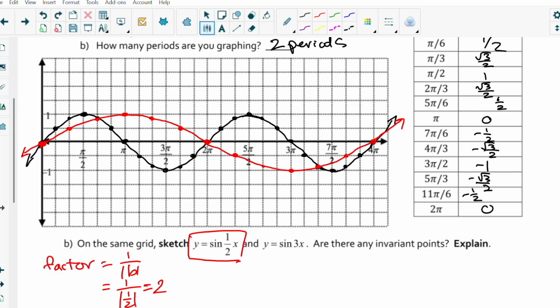Okay. And then let's graph. Let's pause here. For the red graph, does that make sense? So I have a b value 1/2 and a factor of 2.